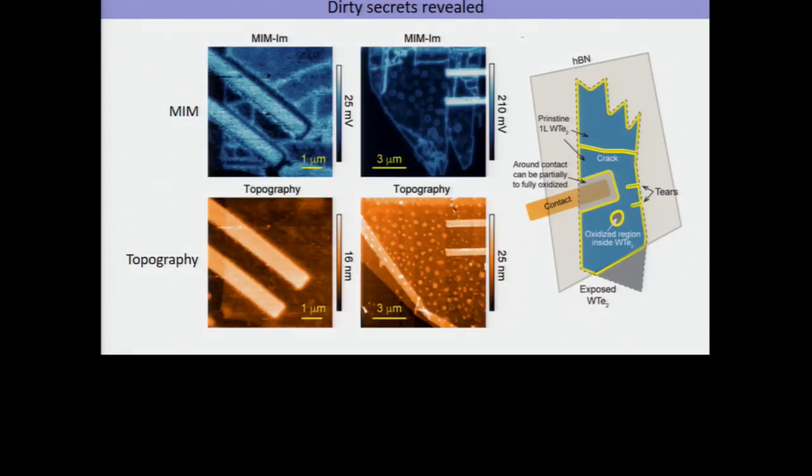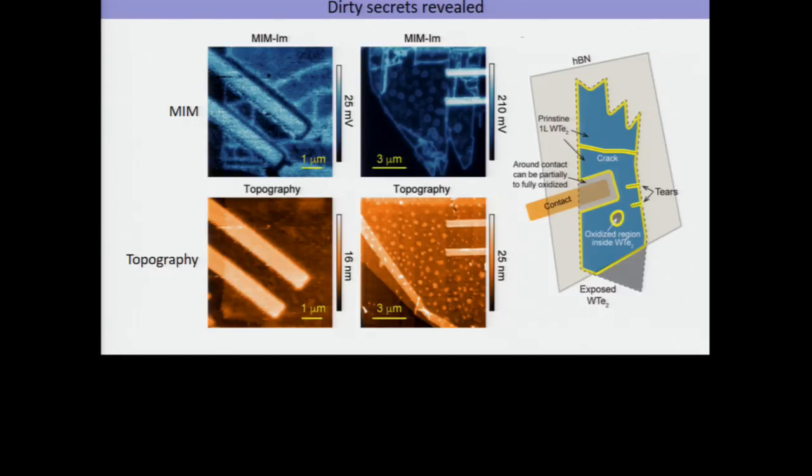There's some dirty laundry that we have to be honest about here. We found by using the MIM that a lot of other stuff can happen as well. And now we know what goes wrong if we don't have a perfect sample, and we wouldn't be able to explain this stuff otherwise. We know that sometimes contamination gets in, and we see in the topography map that there are these blisters where material is trapped between, say, the WTe2 and the boron nitride.